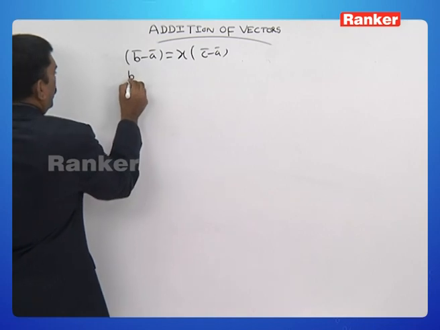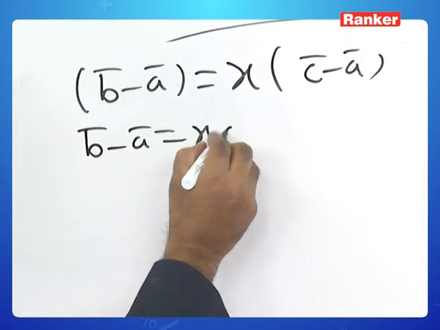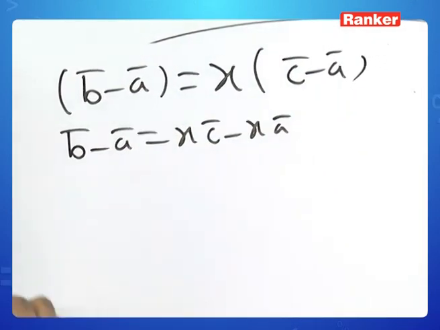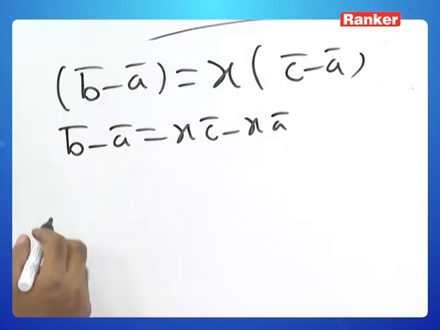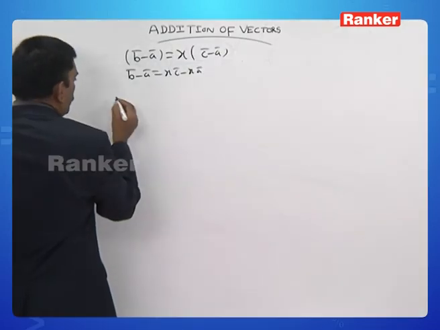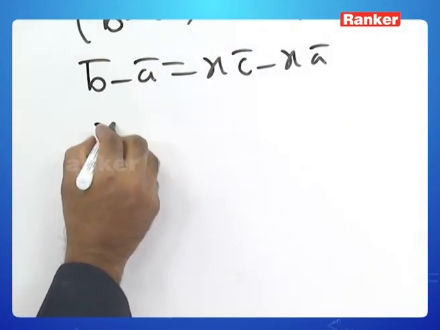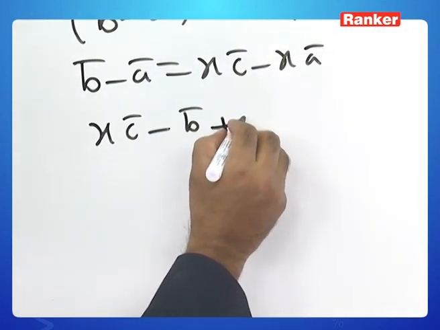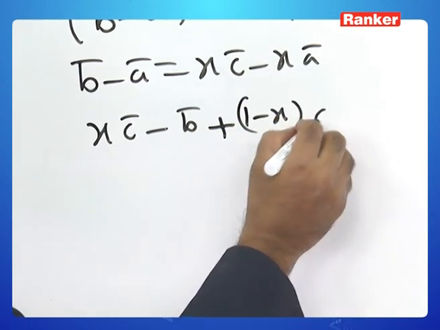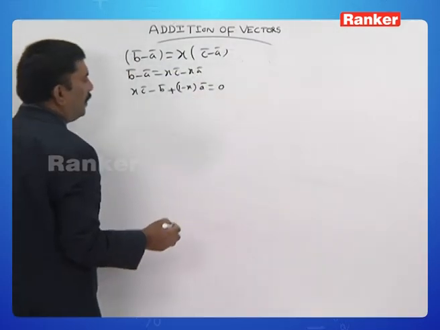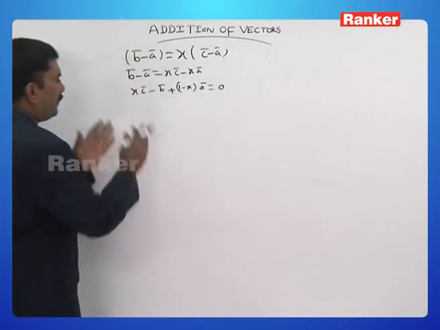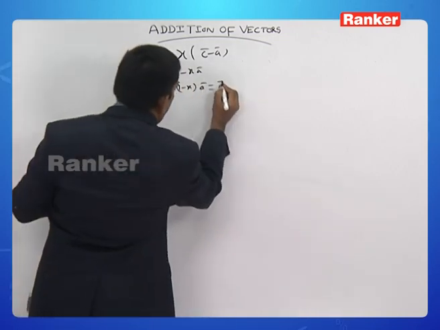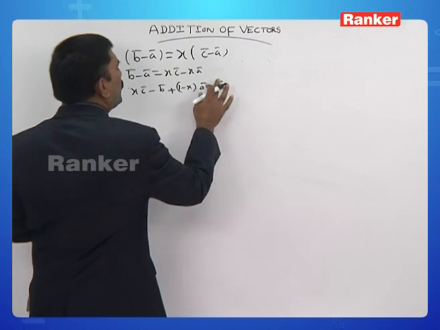So therefore, B bar minus A bar is equal to x·C bar minus x·A bar. You transfer to that side. So therefore, x·C bar minus B bar plus (1 minus x) into A bar is equal to 0, or 0 bar also. It's a vector quantity, so the right side must be 0 bar only. That goes without saying.